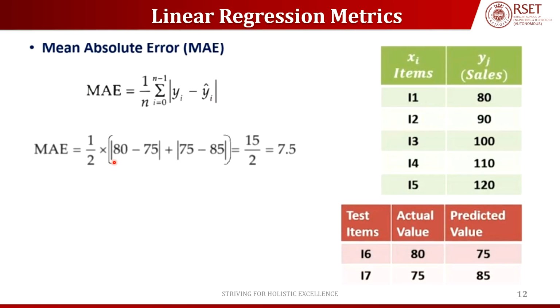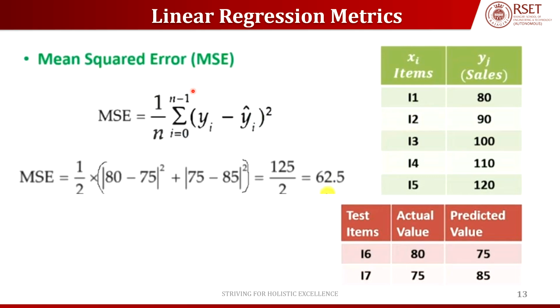So for both the items I6 and I7, I have calculated MAE. So n is equal to 2. We have to check it for two test items. So 1 by 2 into 80 minus 75, this is for I6. Then 75 minus 85, this is for I7. And I'm getting 7.5. That is the mean absolute error, the measure of error in the prediction.